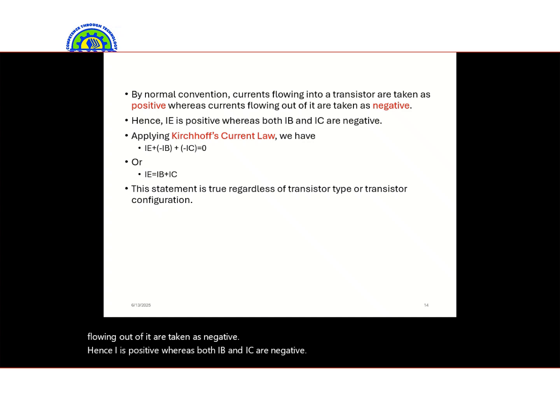Applying Kirchhoff's current law, we have IE plus negative IB plus negative IC is equal to 0, or IE is equal to IB plus IC. This statement is true regardless of transistor type or transistor configuration.